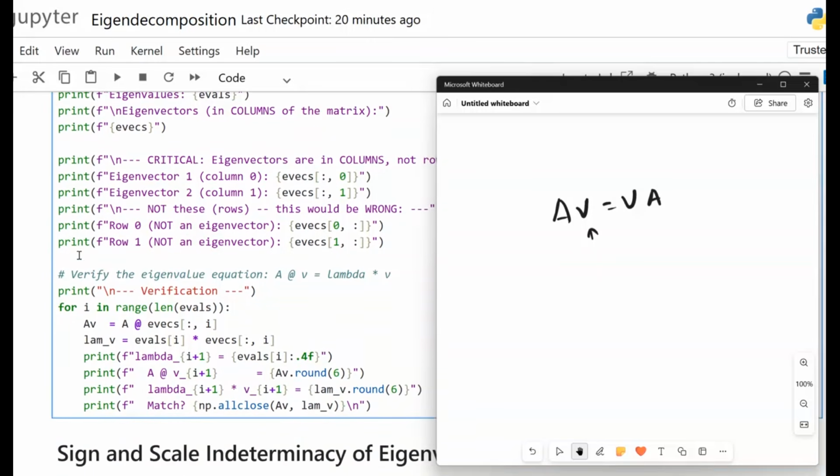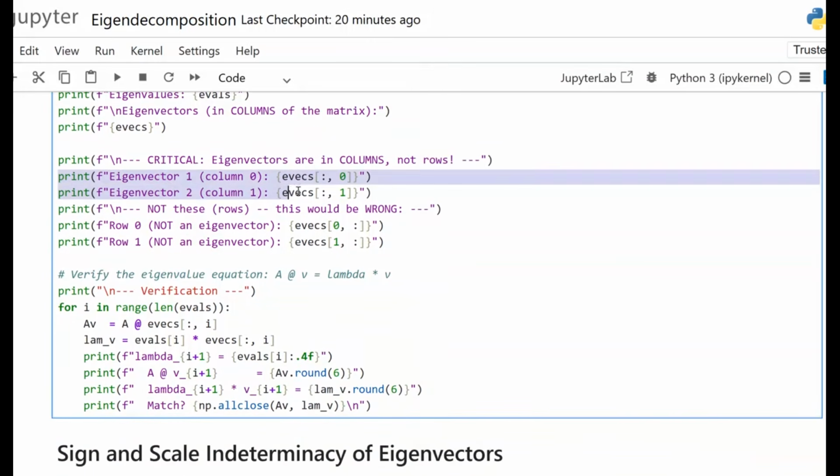Next, we are going to look at the critical structure details. Yes, eigenvectors are stored as columns. So here we get this exact column: the first eigenvector, and here we have the second eigenvector, and this is essential. When we go to the ith eigenvector, we are taking the ith column.